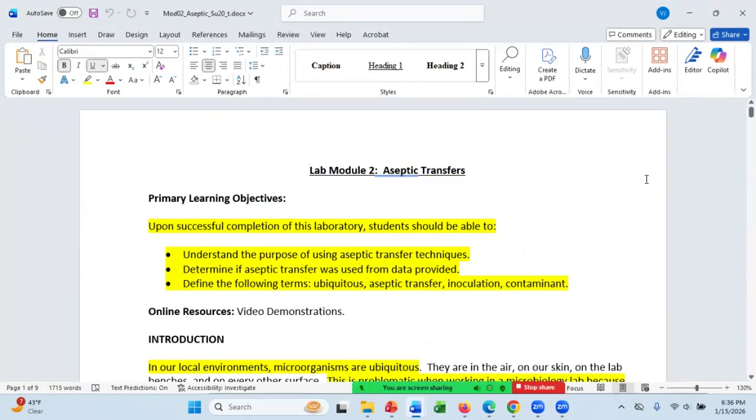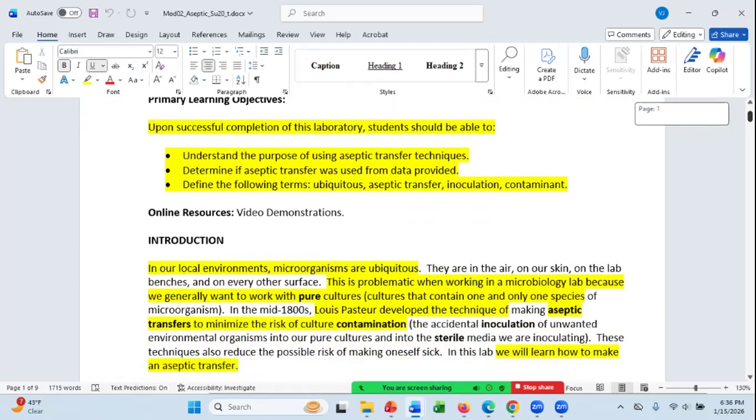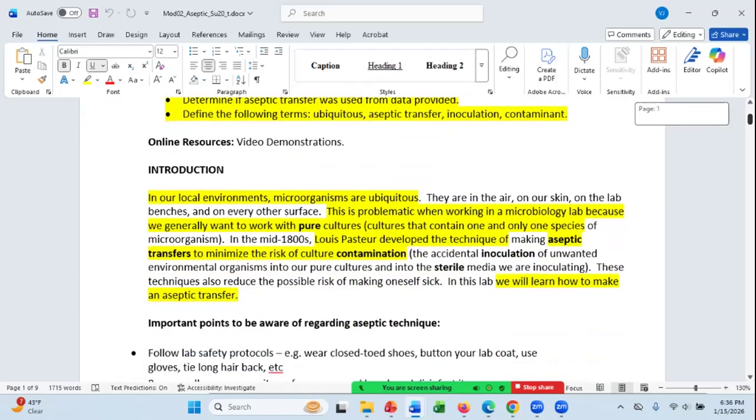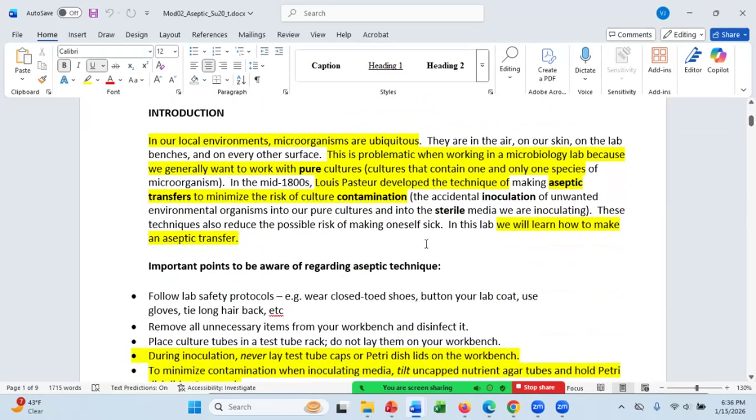What is ubiquitous? What is an aseptic transfer? What is an inoculation? And what is a contaminant? Any question on anything so far? There are some video demonstrations in this lab.